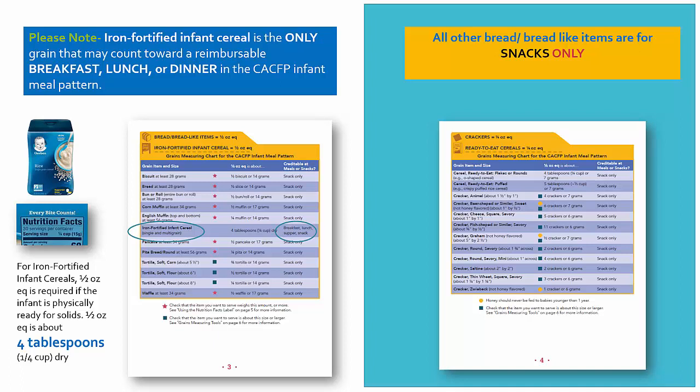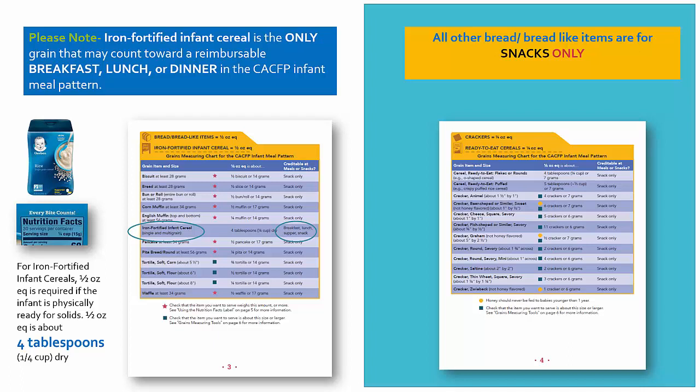All other bread-like items are for snacks only. Please refer to the last column, which reminds you which meal the food item can be served for. In this case, mostly all of them are for snacks only, except for the iron fortified infant cereal.